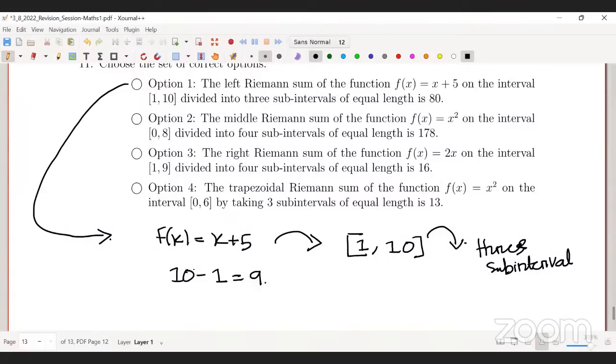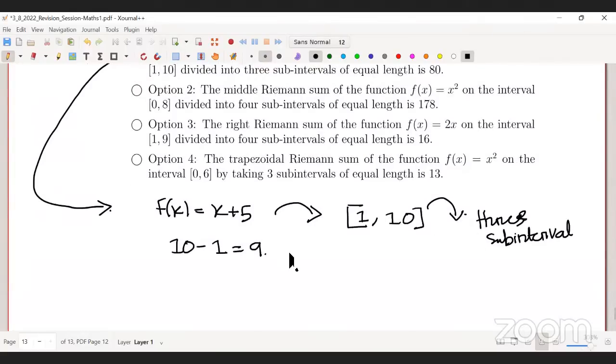Okay. So once we divide this interval into 3 sub intervals, what will be the partition? This is basically 1, then the next 4, 7, 10.